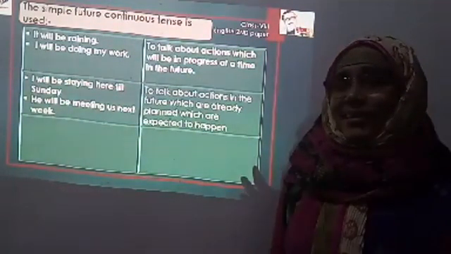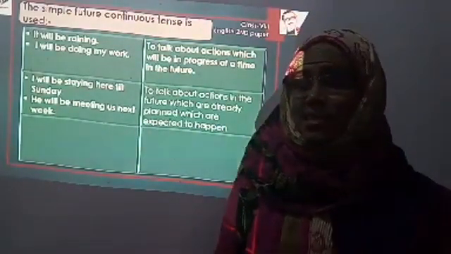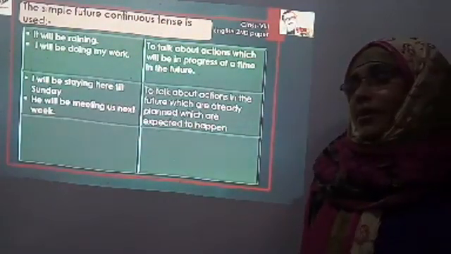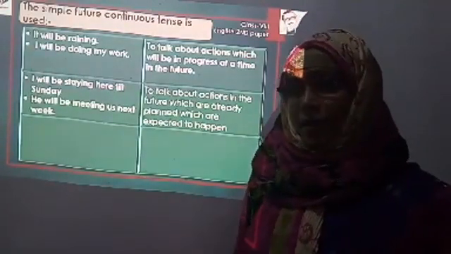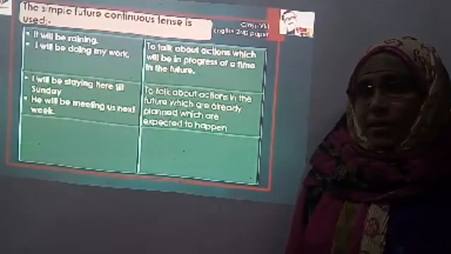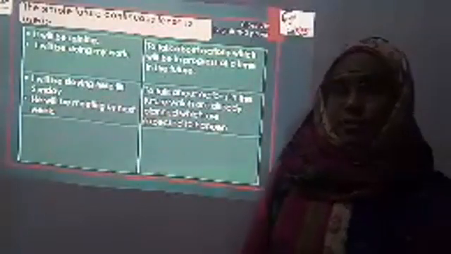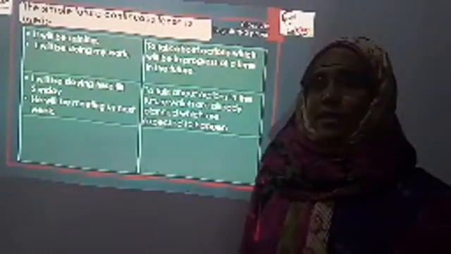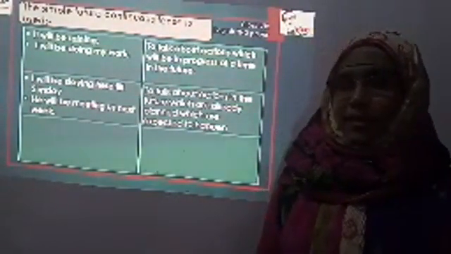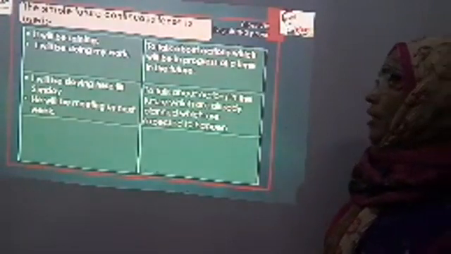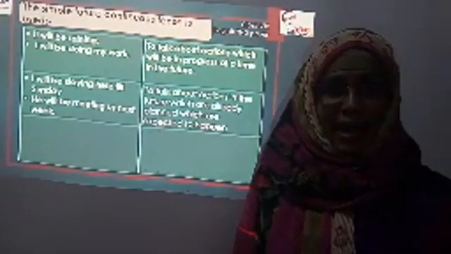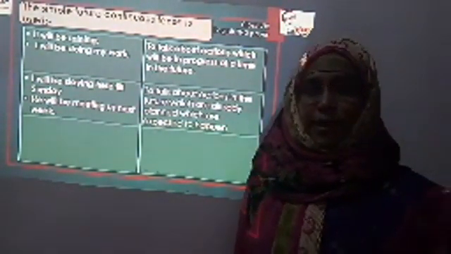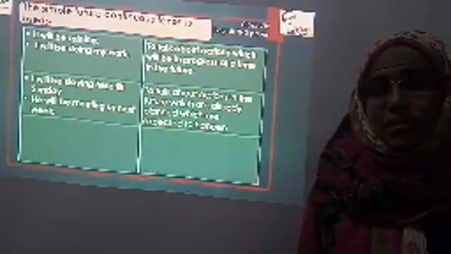Because all sentences are the same, just the difference is the auxiliary. That means affirmative sentences start with subject, then auxiliary verb, then verb will take ing form. The difference is the auxiliary verb: in present tense am, is, are; past tense was, were; and future tense will be, shall be.